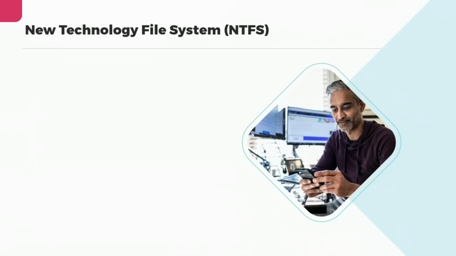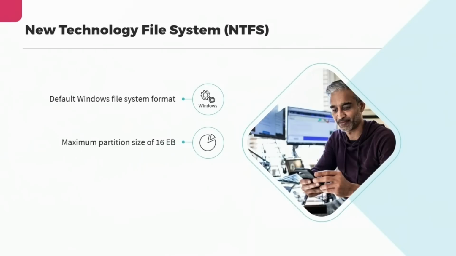As mentioned, NTFS is now overwhelmingly the most commonly used file system with Windows, and in fact has been the default file system ever since Windows 2000. It supports a maximum partition size of up to 16 exabytes, significantly beyond the capabilities of FAT32, but as stated, more importantly, it introduced the ability to set permissions on files and folders.